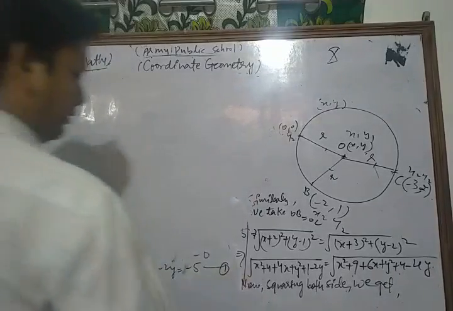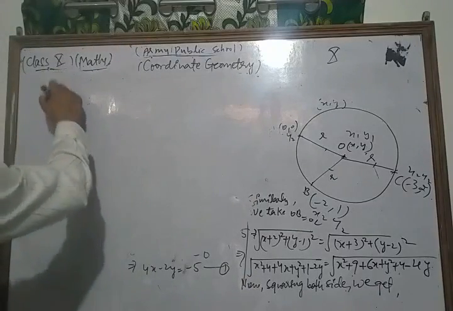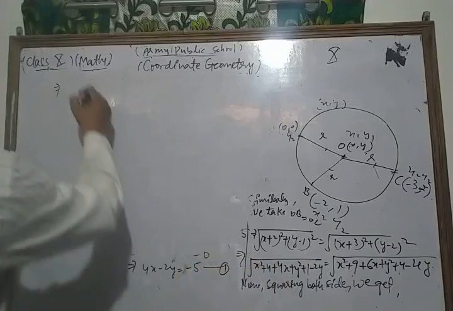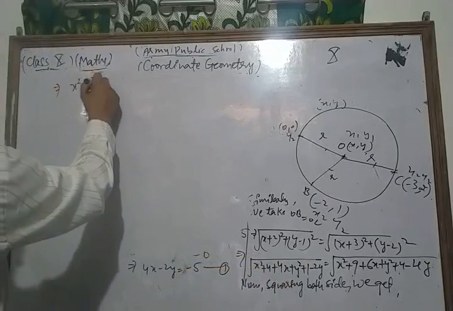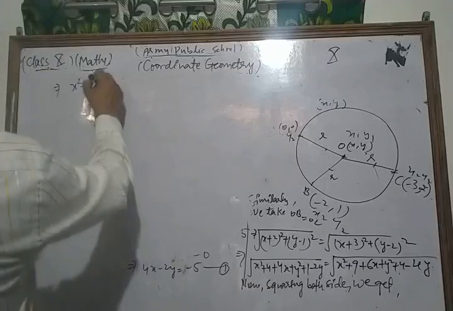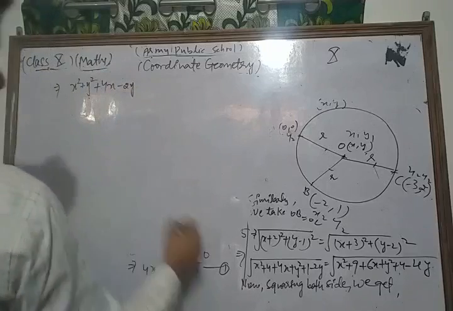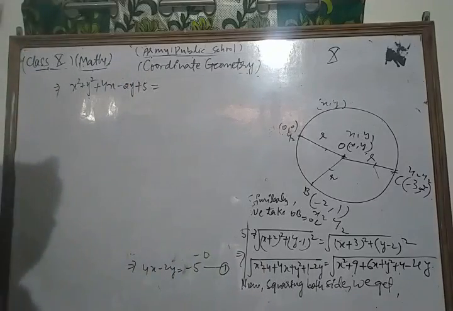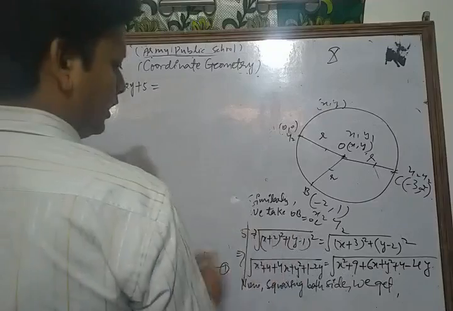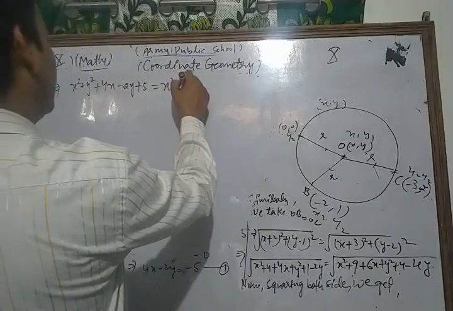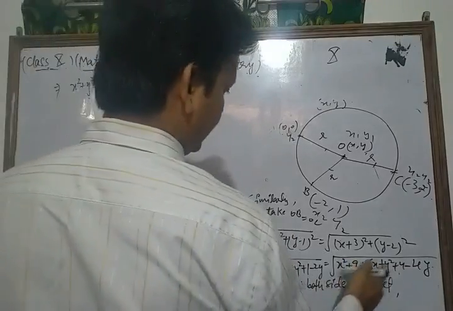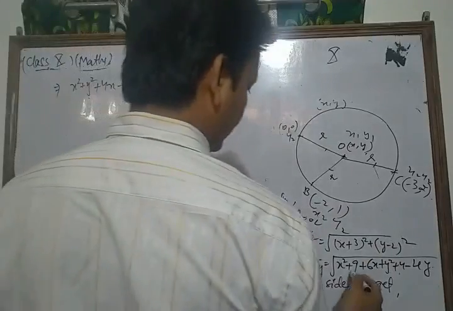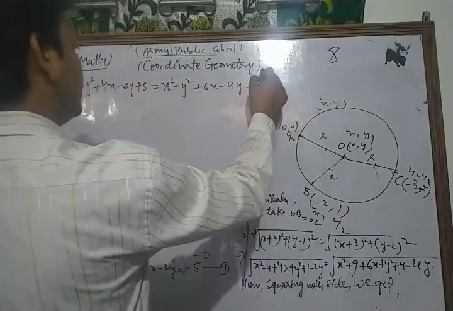If we square both sides, then we get x square plus y square plus 4x minus 2y plus 4 plus 1, that is plus 5, is equal to x square plus y square plus 6x minus 4y plus 9 plus 4, 13.